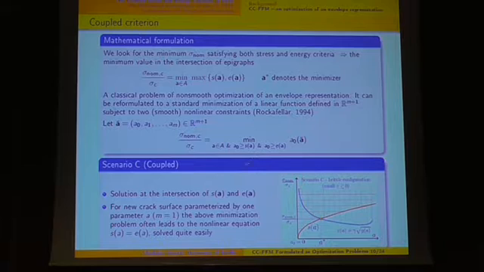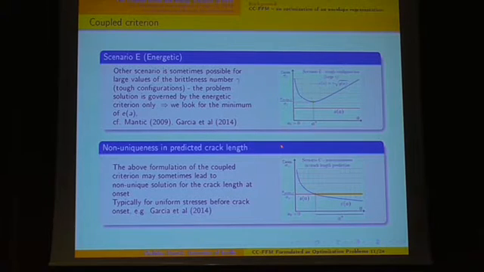Basically, two scenarios typically appear. One we call the coupled scenario, where the minimum is defined by both criteria. In a 1D situation, with a 1D crack, it is at the intersection of these criteria functions, but for more dimensions, we need to look for the minimum. The other scenario is where the solution is essentially controlled by the energy criterion, which is over the stress criterion curve, and this is, let's say, easier to minimize.